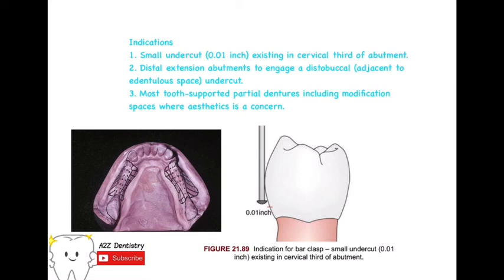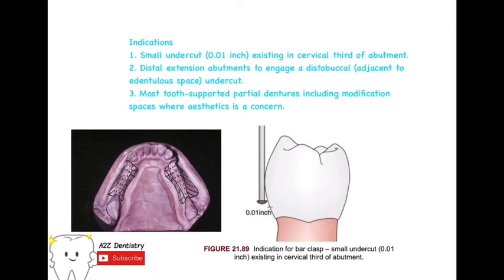It cannot be given in cases of major undercuts. Why? Because see, the area of encirclement is less as compared to our circumferential clasp. So in those cases we cannot give it, meaning that it cannot be given where larger undercuts are present. So basically its use is limited to small undercuts only.